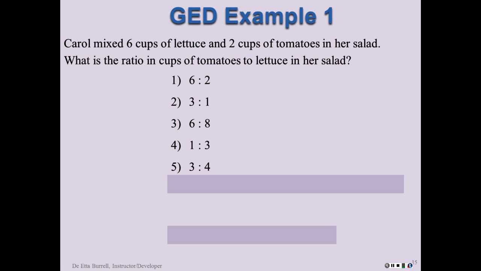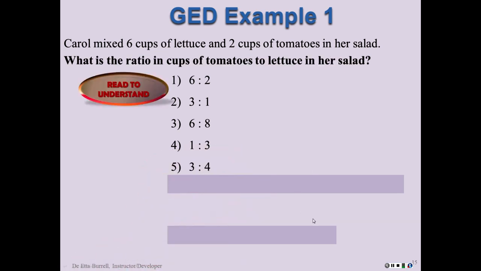What does the question say? Tomatoes to lettuce. How many tomatoes do I have? And how many cups of lettuce? You got to read carefully. Come on, y'all. The answer is not number 2.